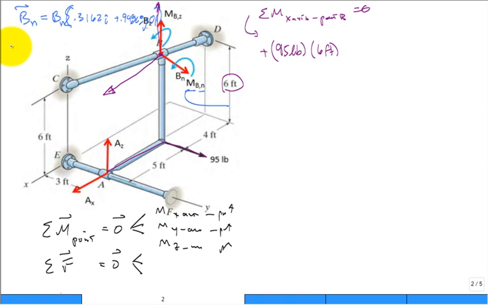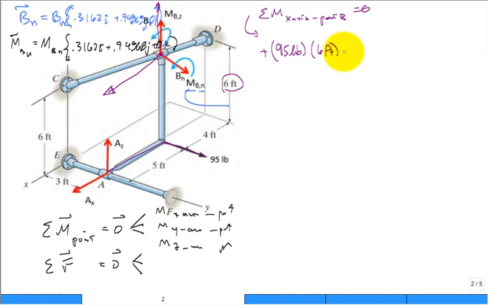And then likewise we have the moment B right here in the normal direction. It has a magnitude of that B in the normal direction times that same unit vector, 0.3162i plus 0.94868j plus 0k.